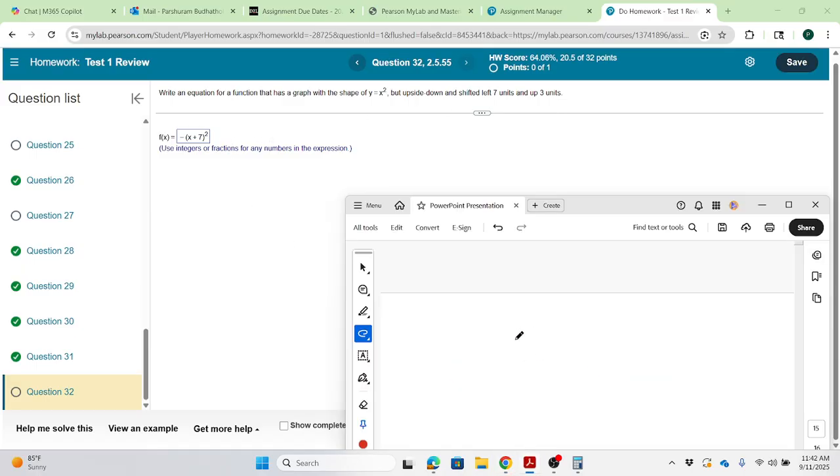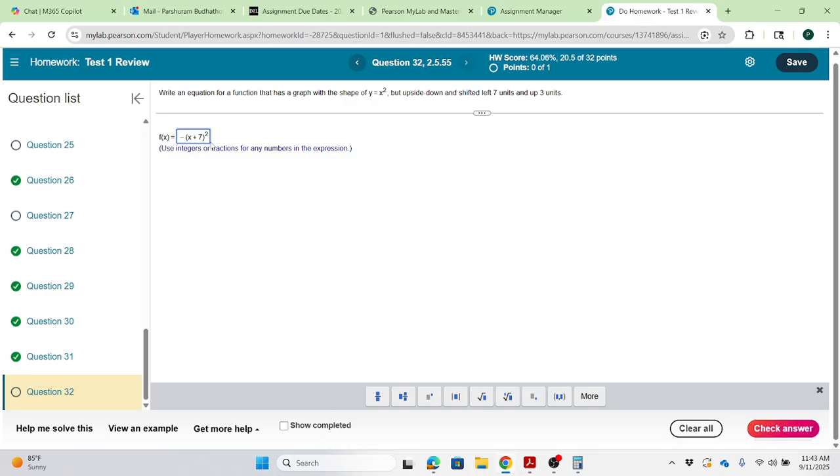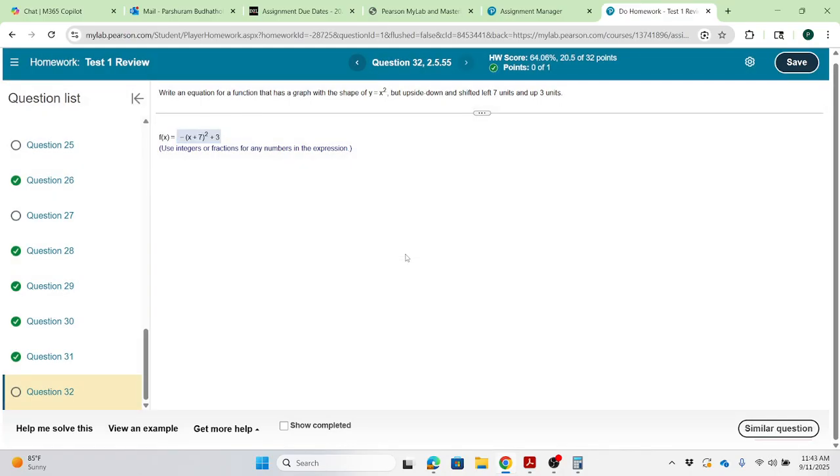Here is the function. You want it upside down, that means you put a negative in front of x squared, and then shifted left means you add 7 to the x, and then up means you add 3 to this calculation. So I missed the 3 here. Okay, so that's the test 1 review.